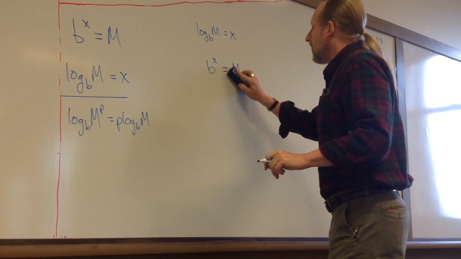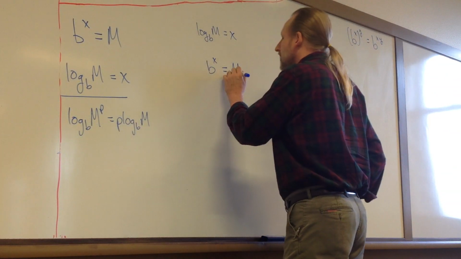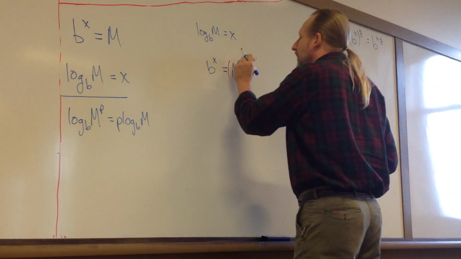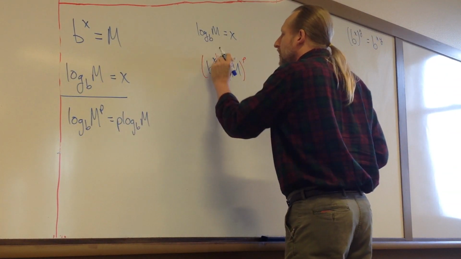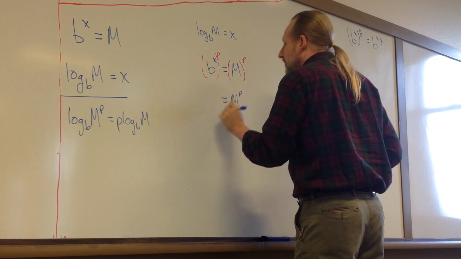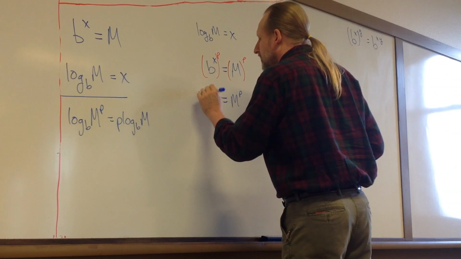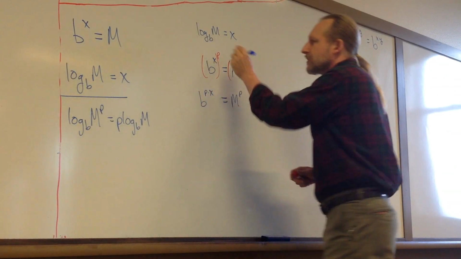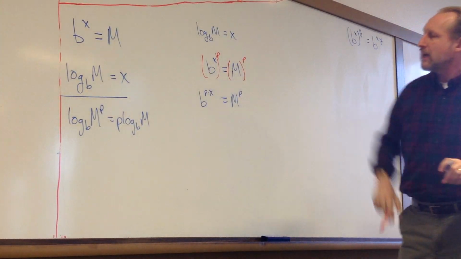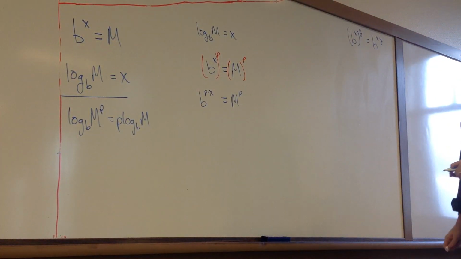Now, we're interested in m to the p power. So let's raise both sides of this equation to the p power. So there's m to the p power, and this is b to the p times x. This is where when you raise a power to a power, you multiply the p times the x.